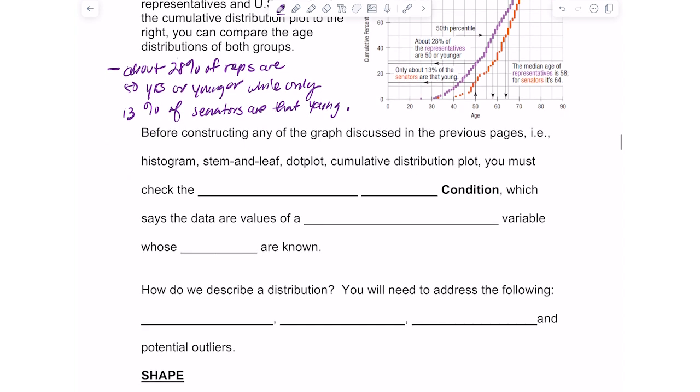So all these graphs represent graphs you can use for quantitative variables. But before you construct any of those graphs, you always want to check the quantitative data condition. And it just says that the data are values of a, surprise, quantitative variable whose units are known.